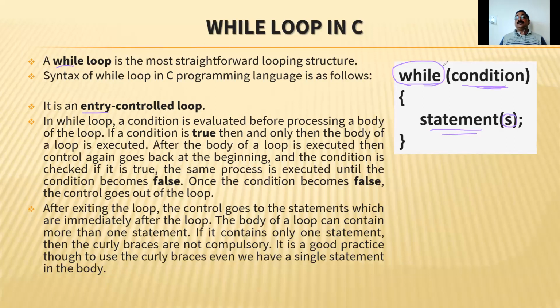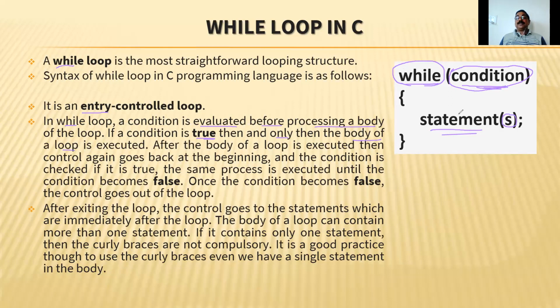See here, in the while loop there is a condition which will be tested first. In the while loop, the condition is evaluated before the processing of the body of the loop. If the condition is true, very important, then only the body of the loop is executed.